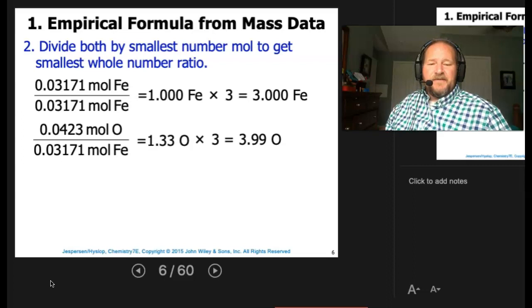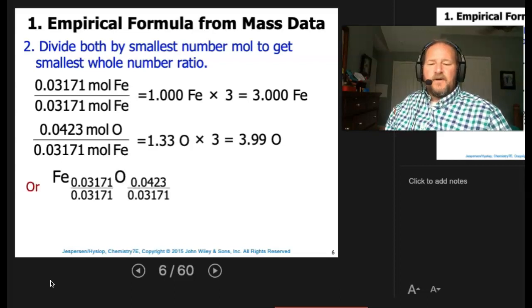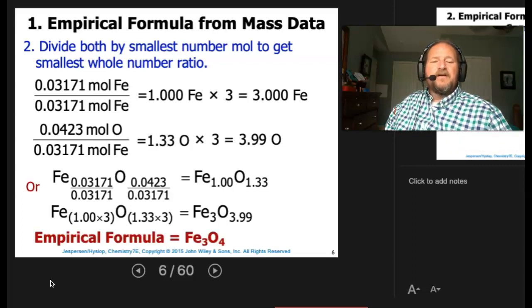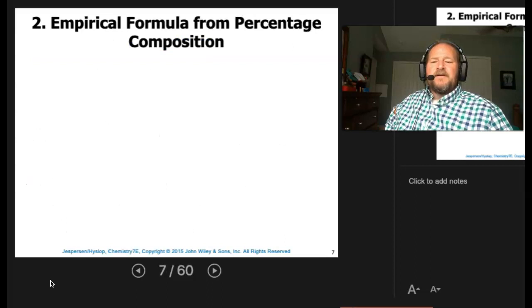So now we can see we have 3 irons and 3.99 oxygens. Or we can say we have 1 to 1.33, which is going to give us 3 and 3.99, or 3 and 4, right? So our empirical formula then would be Fe3O4. Now, empirical formula from percent composition.